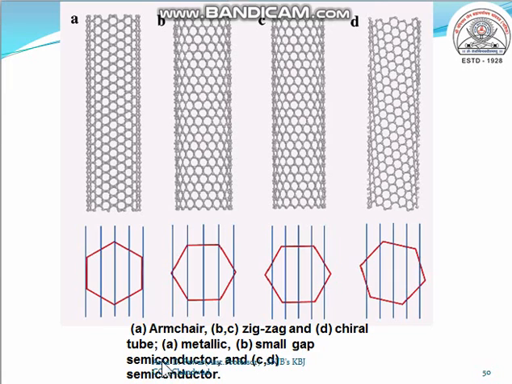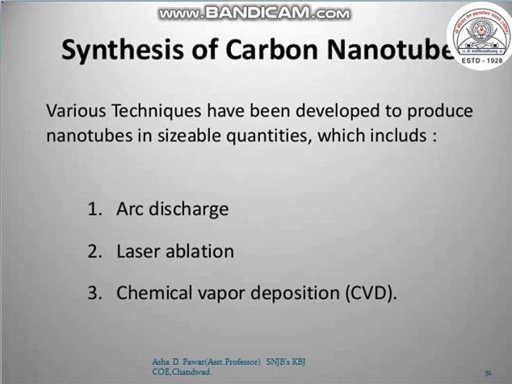Zigzag nanotubes are semiconductors, and helical carbon nanotubes are also semiconductors. Generally graphene or graphite is a good conductor, but carbon nanotubes are semiconductors. Due to the 2pz orbital, one of the free electrons present in the 2pz orbital is twisted, that's why it is semiconducting in nature.